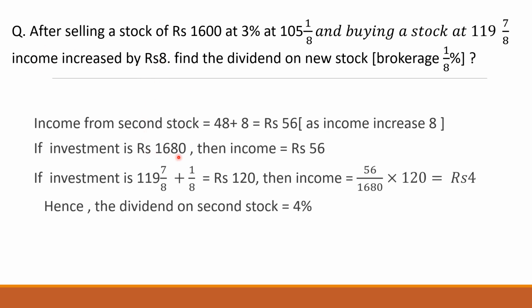Now if the investment is 1680, then income is 56. And if your investment is 119 7 upon 8 plus 1 upon 8. Why have you done plus 1 upon 8? Because when you are purchasing the stock, you have to add the brokerage. So your investment is 120, then your income will be 56 upon 1680 into 120, which is rupees 4. Okay, so the dividend on the second stock is 4%.